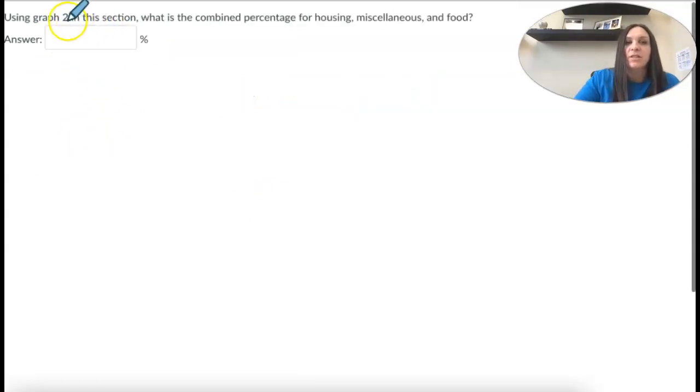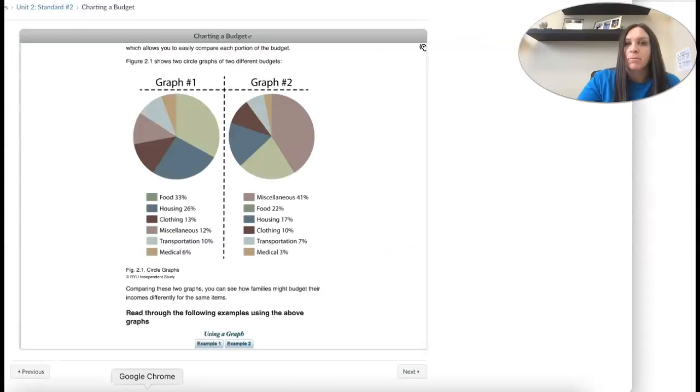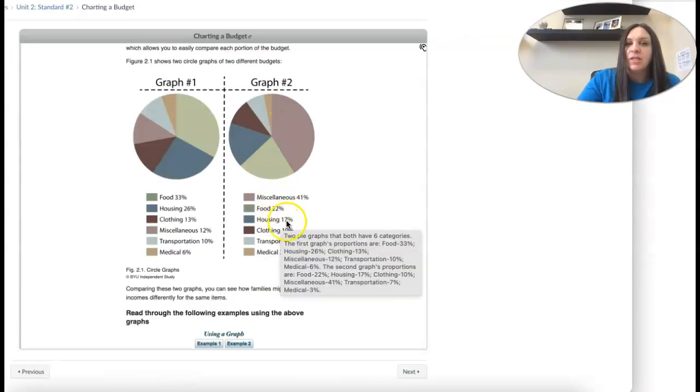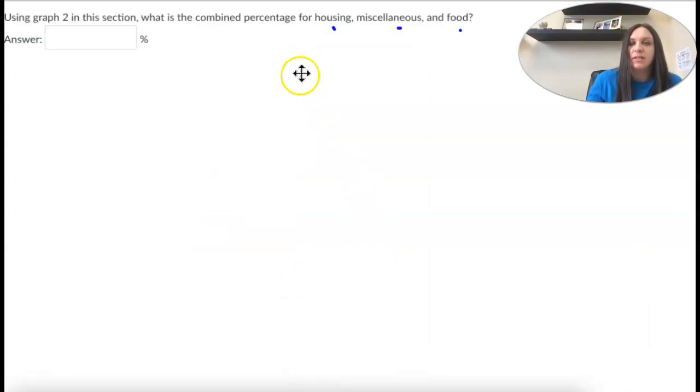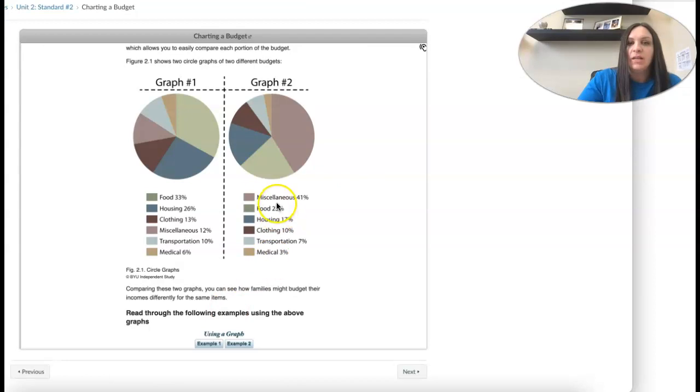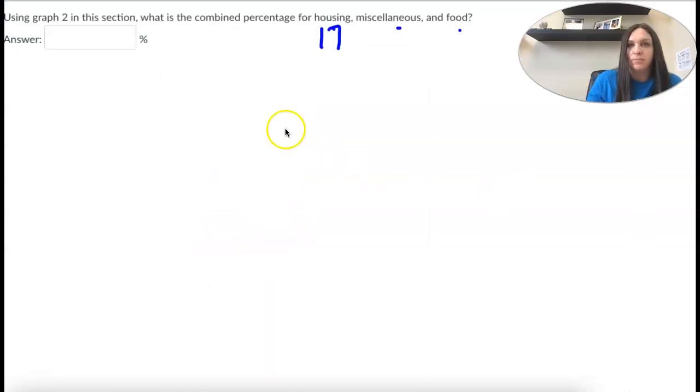Then our next question says, now use graph 2, and what's the combined percentage for housing, miscellaneous, and food? So we just need to go get those percentages and add them all up. So graph 2, housing is 17%. Miscellaneous is 41%.